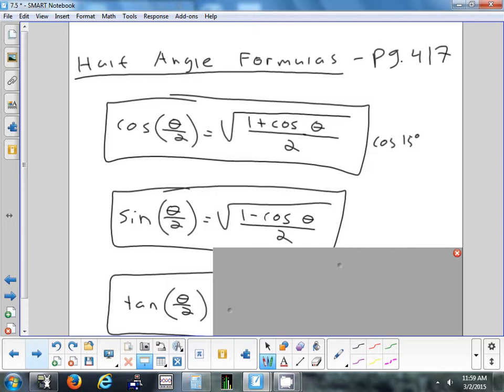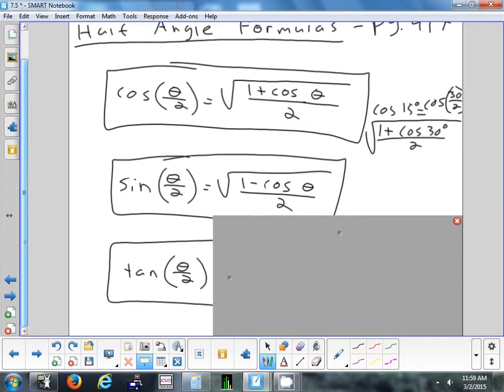Well, if you remember this one instead, you could find the cosine of 15 by doing 1 plus the cosine of 30 divided by 2, and then take the square root of it. There's a different way to find the cosine of 15, if you didn't remember the way I taught you at the beginning of class. Again, think of 15 as 30 divided by 2. 30 divided by 2 is 15.